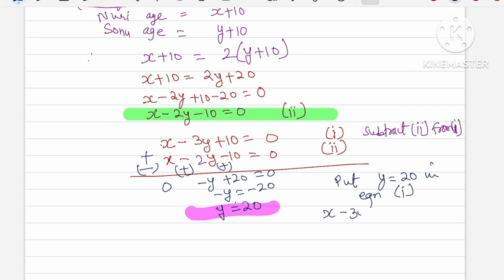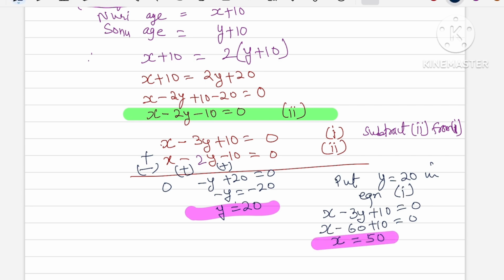Equation 1 is X minus 3Y plus 10 is equal to 0. So X minus 3 into 20 is 60, plus 10 is equal to 0. So X minus 50 is equal to 0, that goes to right side, X becomes 50.